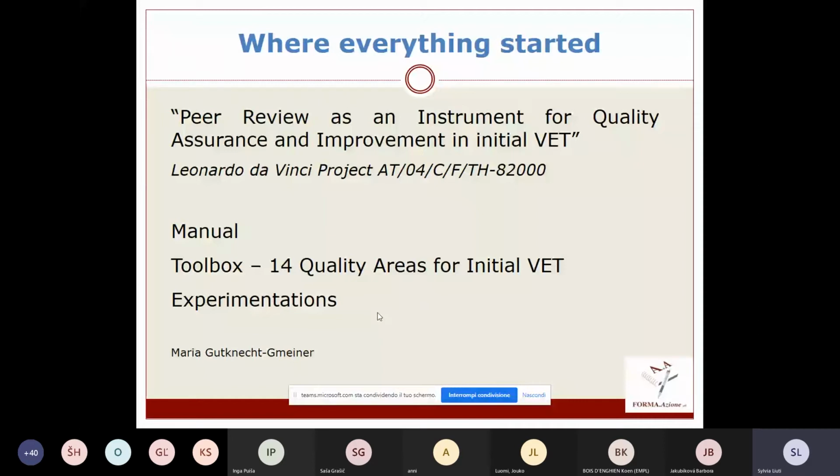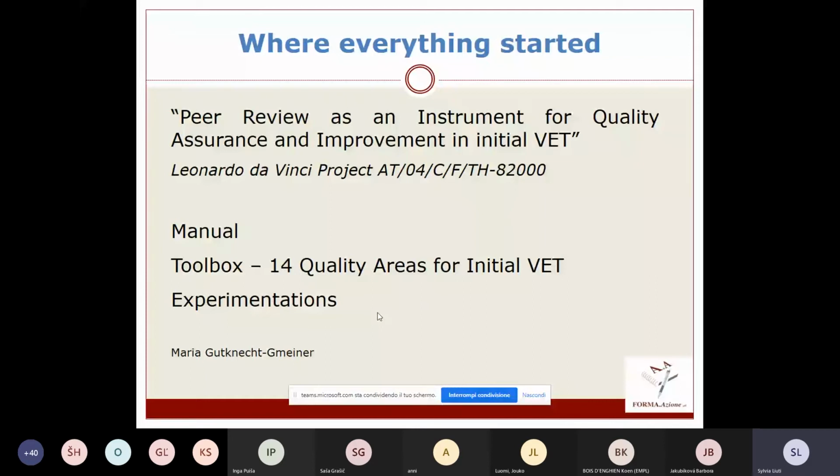And the toolbox was defined, detailing different tools that are really useful, starting from some very practical ones, for instance, related to how to better collect information by interviewing people, teachers, or other key actors involved in the peer review.